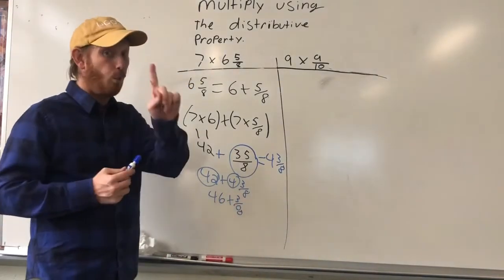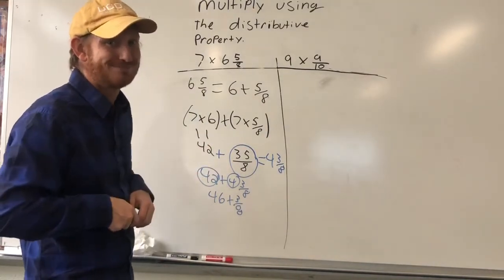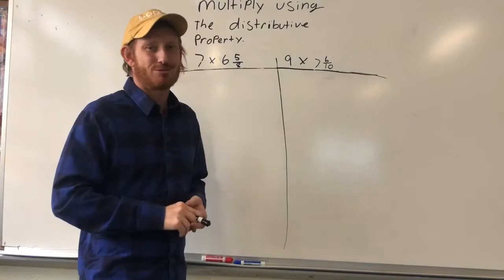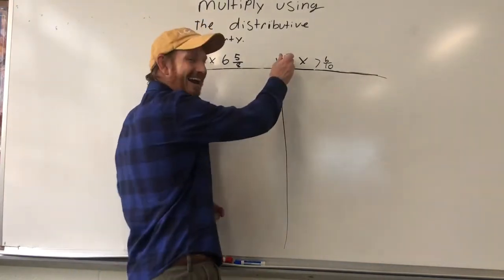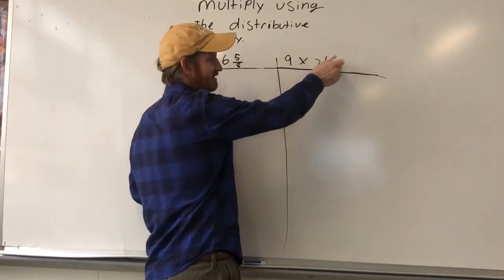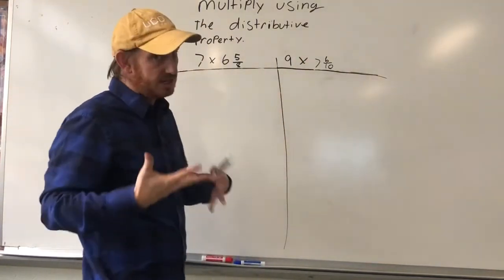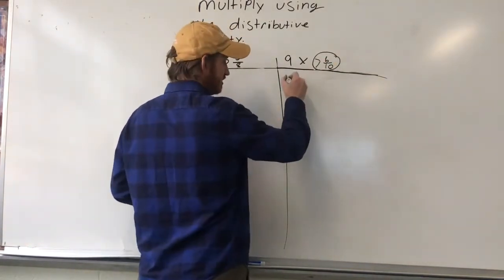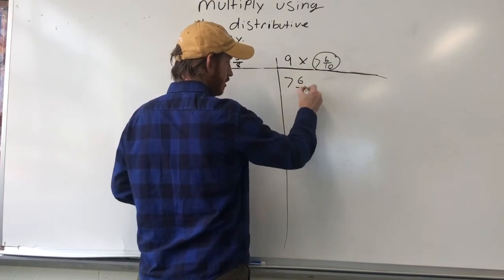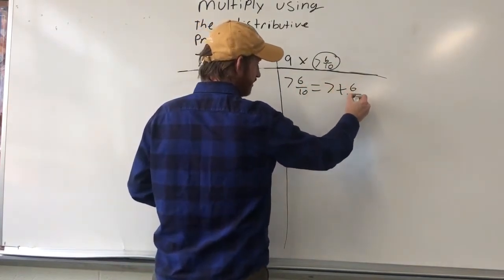Now let's try one more before moving on to your independent work. Our final application problem before moving into your independent work is 9 times 7 6/10. So just like we've done with the other three, the first thing I'm going to do is break my 7 6/10 into 7 plus 6/10.